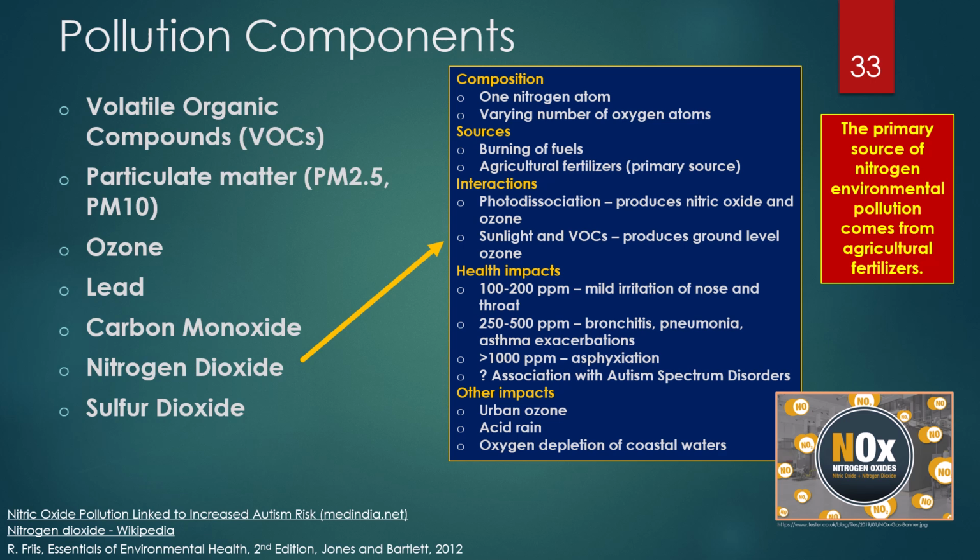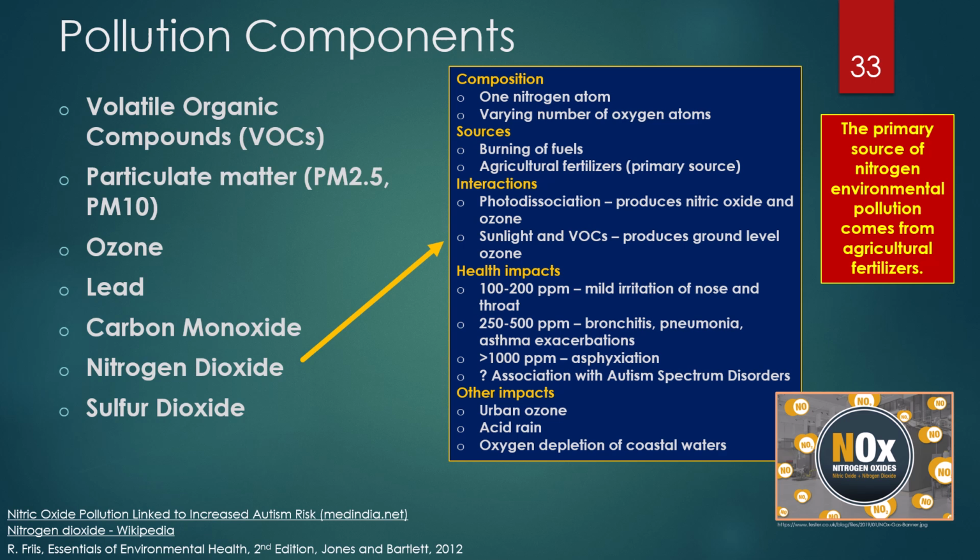Acute exposures of 100 to 200 parts per million of nitrogen dioxide is rare, but can cause mild irritation of the nose and throat. Exposures of 250 to 500 parts per million can cause bronchitis and pneumonia and exacerbations of asthma.